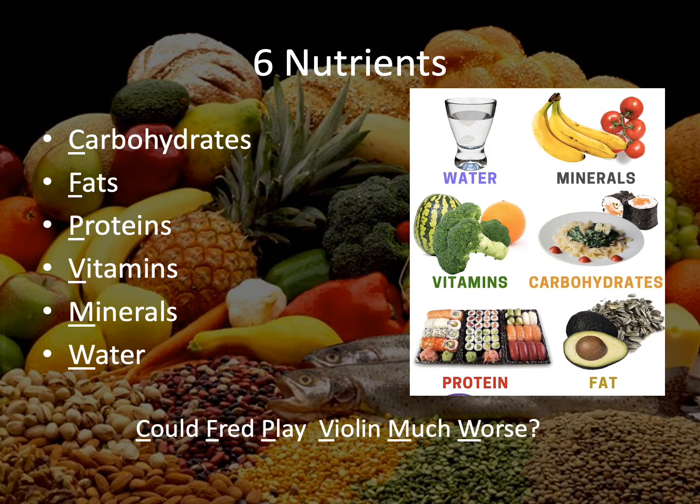There are 6 nutrients. The first nutrient is carbohydrates. Carbohydrates are the sugars, starches, and fibers found in all grains. Some common examples of grains are oatmeal, bread, pasta, tortillas, pretzels, or anything that is made from flour.